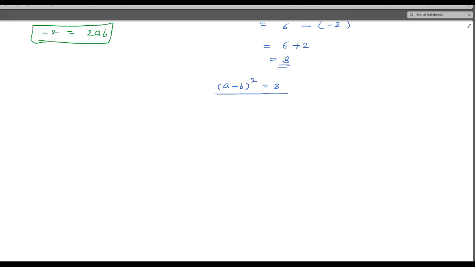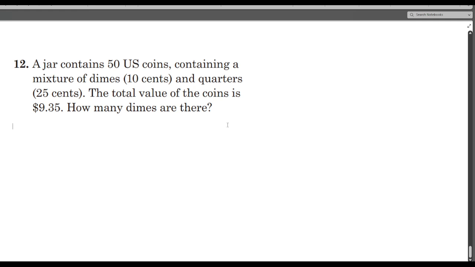Now question number 12. Question number 12 here is a word problem. A jar contains 50 US coins containing a mixture of dimes, 10 cents, and quarters, 25 cents.